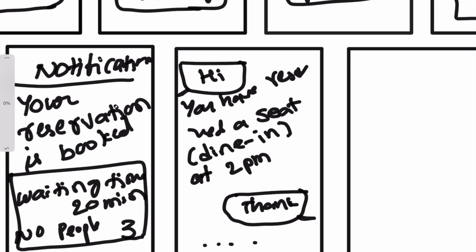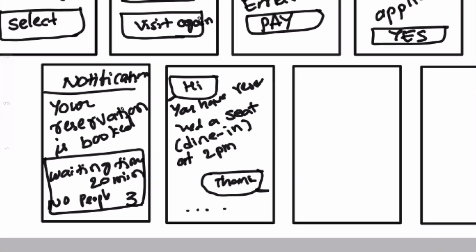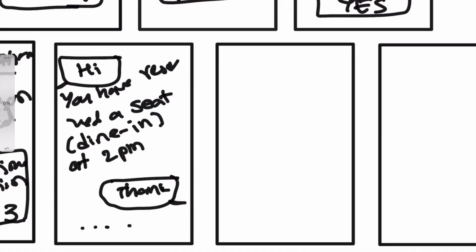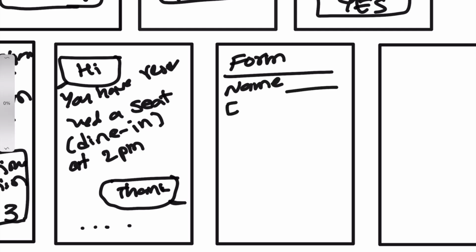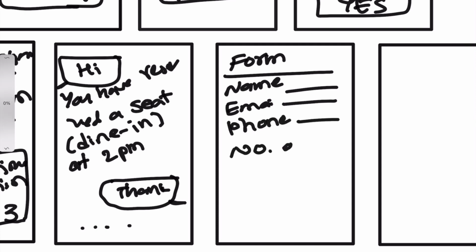The next step is the user can fill the form, which is very easy to fill, and they can easily reserve the dining place in the restaurant. Okay, so form, usually we have to give a name, email, phone, number of people for reservation.